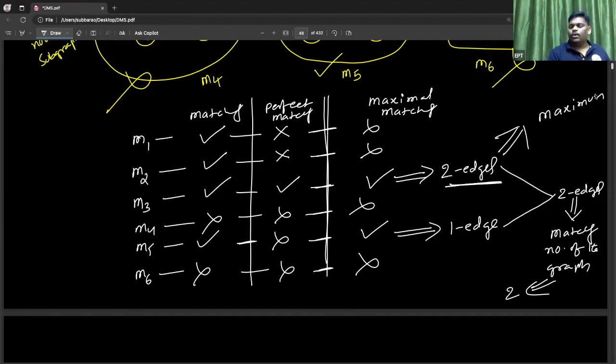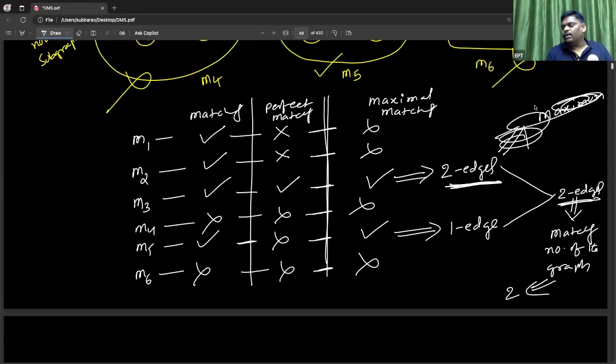In all maximal matchings, whichever is the maximum, that is going to be the maximum matching. Whoever has more edges, that is your answer. What is the requirement of unnecessarily increasing? In all the maximal matchings, whichever has more edges is called the maximum matching. How many edges are there?